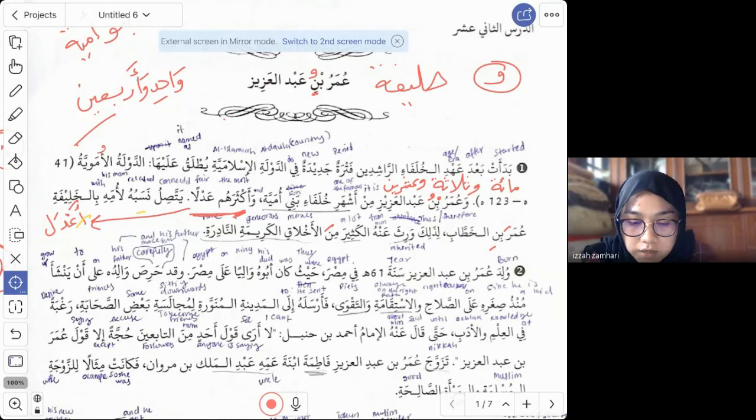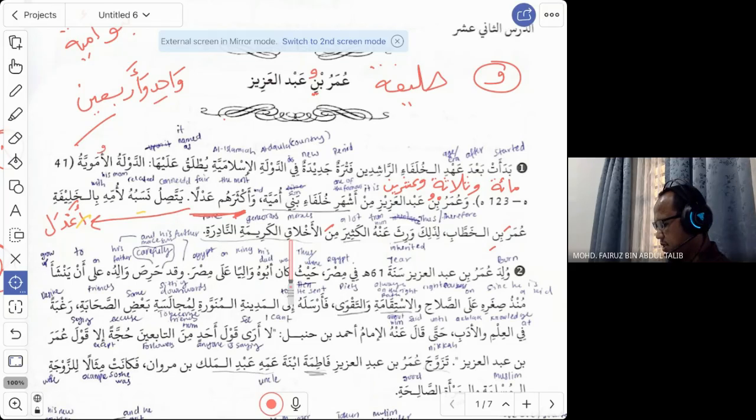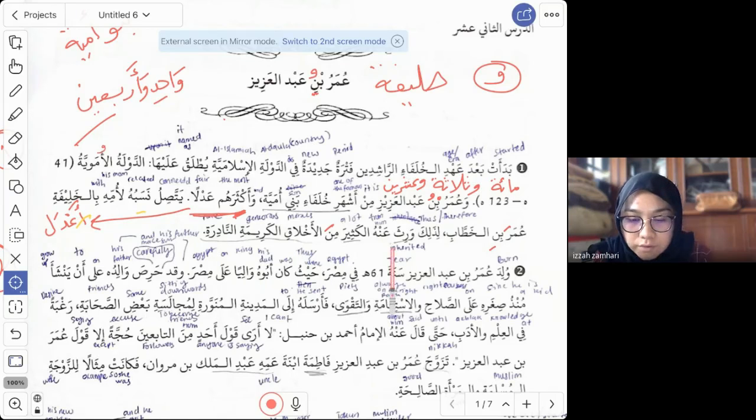Min al-akhlaq, morals. Al-karima means generous. Al-nadira means rare. Okay, so the meaning of the whole sentence?